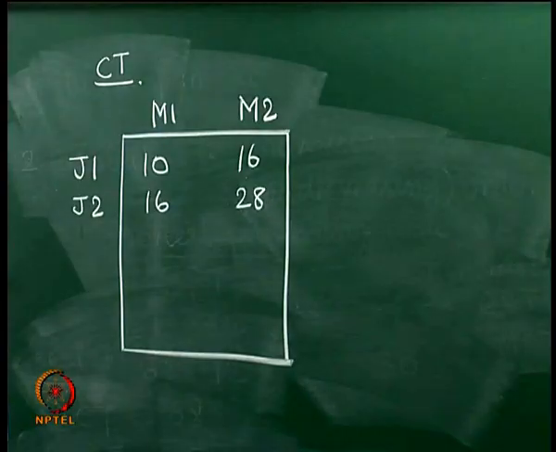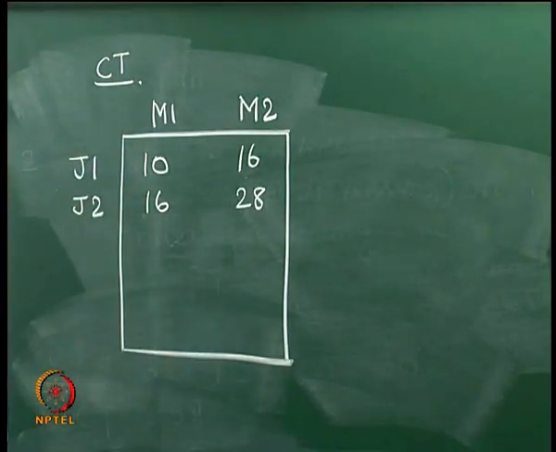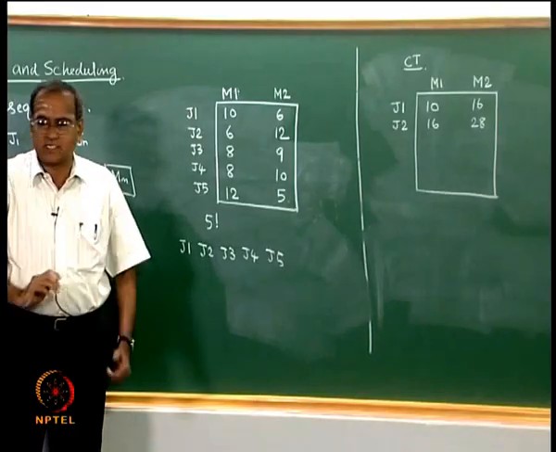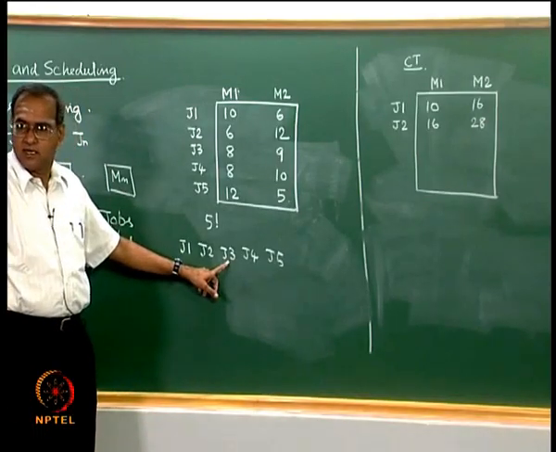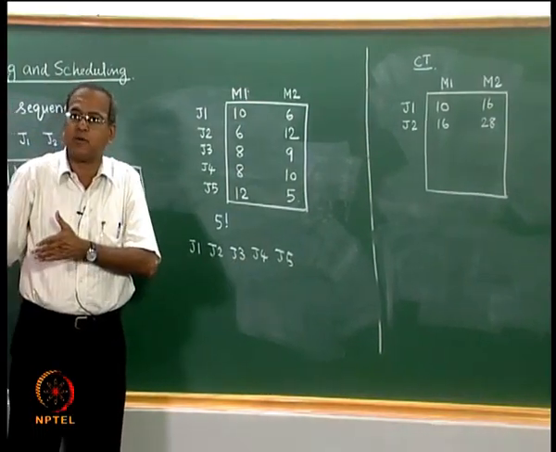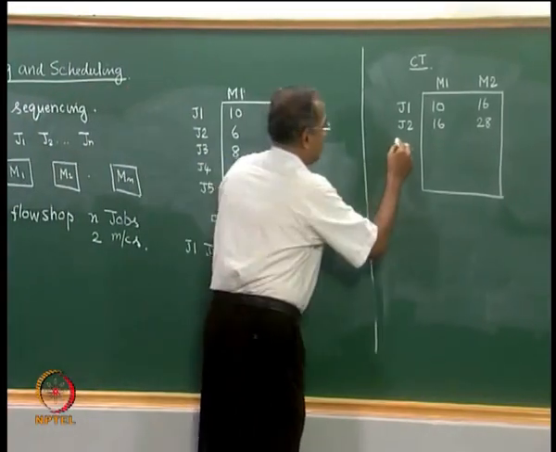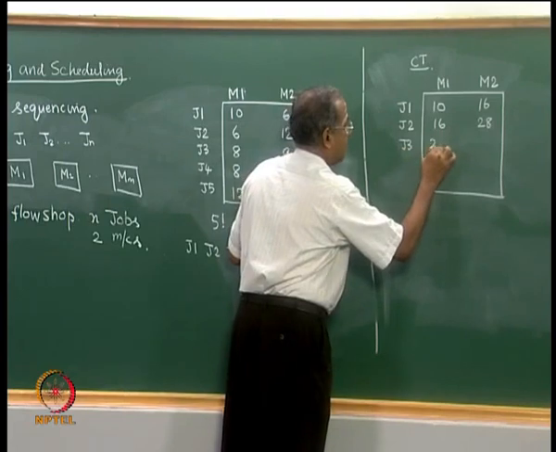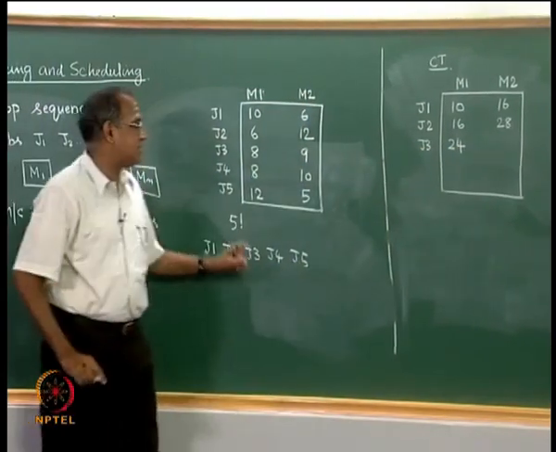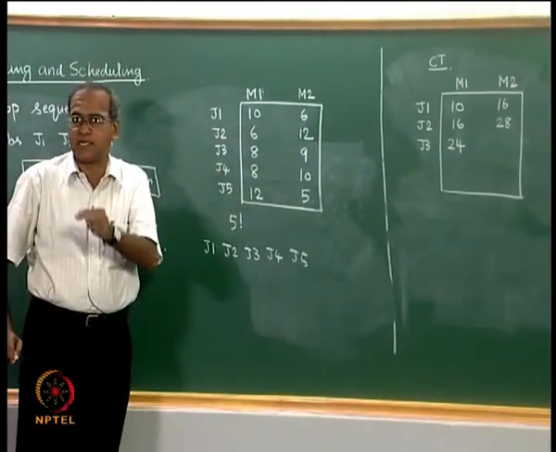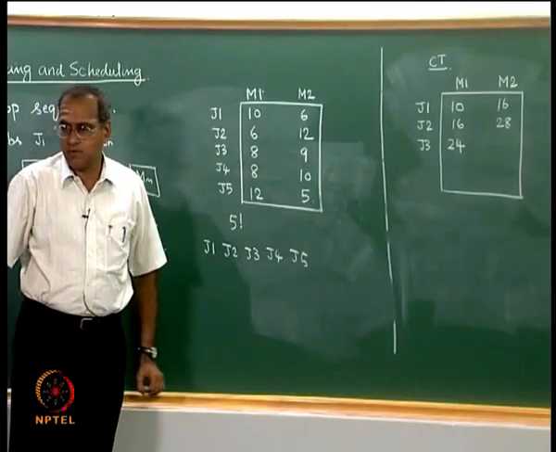Now, once again at time equal to 16, M1 is free. So, M1 can take its next job, which happens to be J3, because we are evaluating the sequence 1 2 3 4 5. So, it starts at 16, requires a further 8, so 16 plus 8, 24, it comes out.